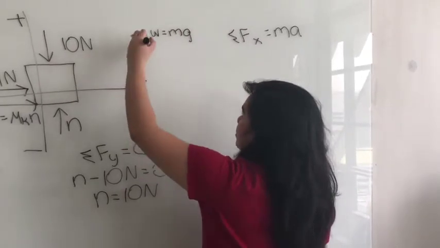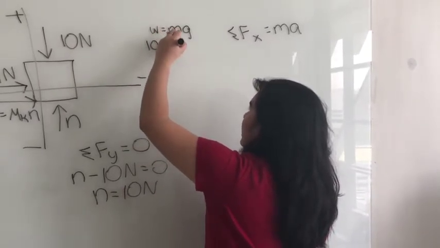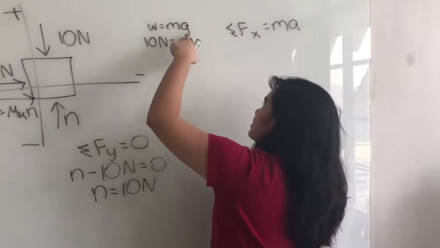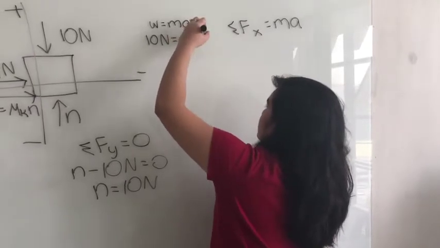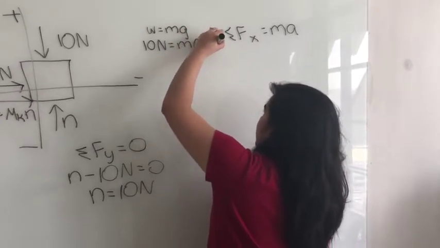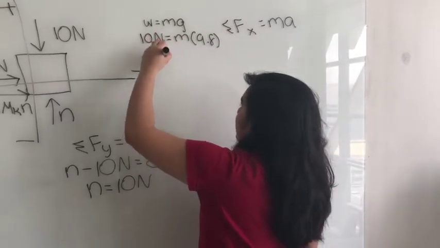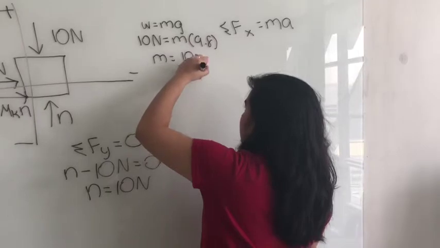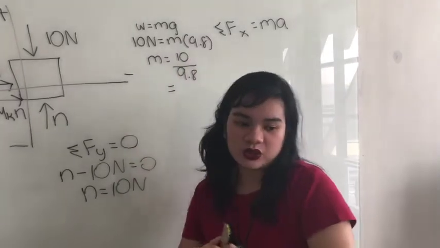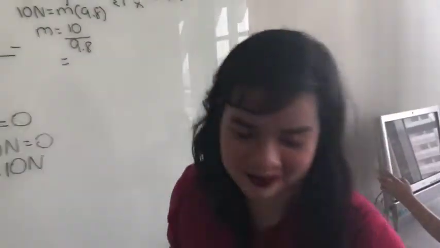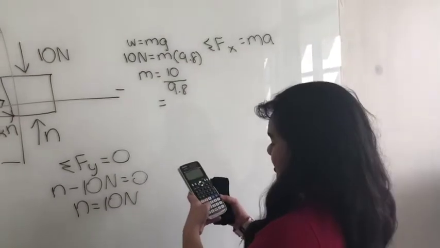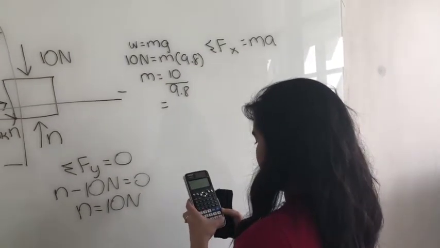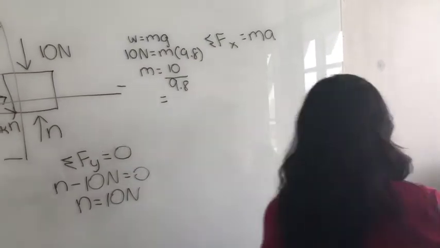Since the weight is given, which is 10 Newtons, and the acceleration due to gravity is already constant, which is 9.8, our value of m would be 10 divided by 9.8, which is equal to 1.02.